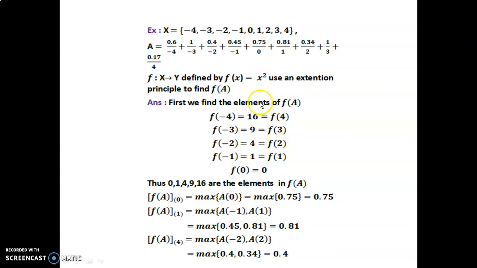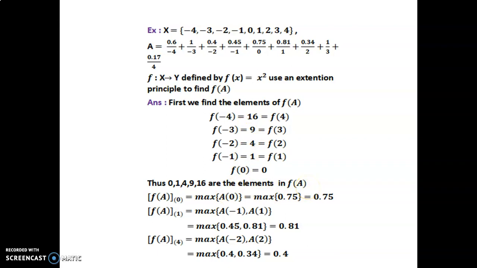Put x equal to 2, we get this element as 4. Similarly, f of -1 equal to 1 and f of 1 equal to 1. And last, f of 0 equal to 0. Thus, 0, 1, 4, 9 and 16 are the elements in f of A. That is the denominator of f of A.